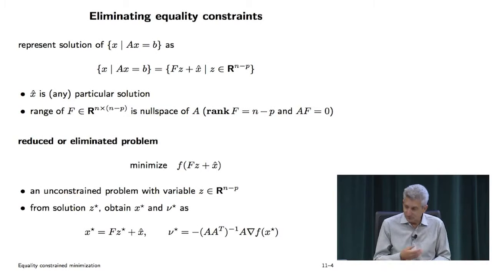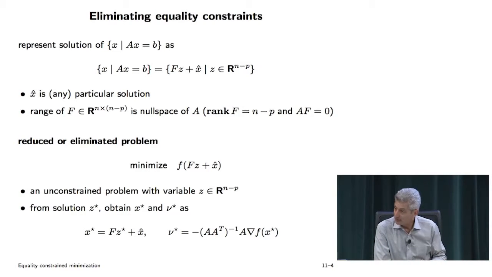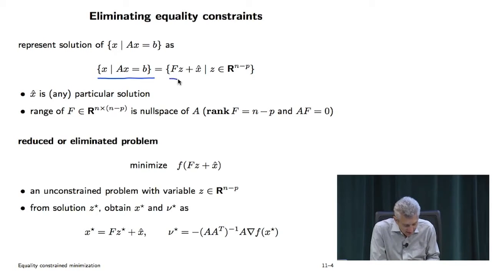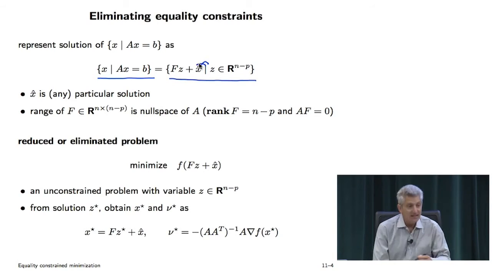There's a very general method for handling equality constraints: you just eliminate them. This is my constrained representation of an affine set, but I will write it instead as a free parameter representation. You compute an x hat that satisfies Ax equals b. A traditional name for this is x sub p, for a particular solution.